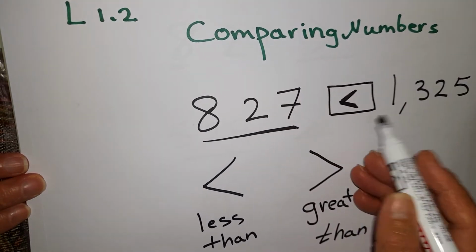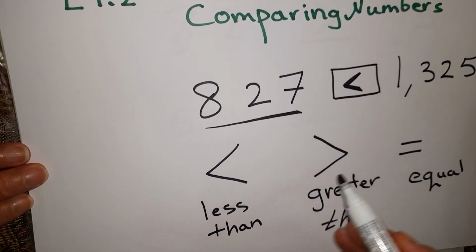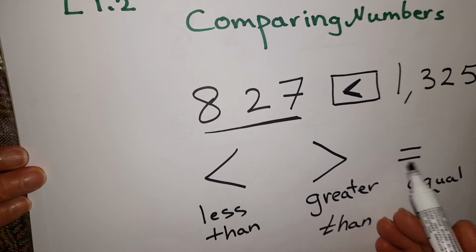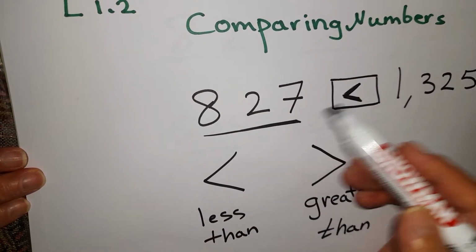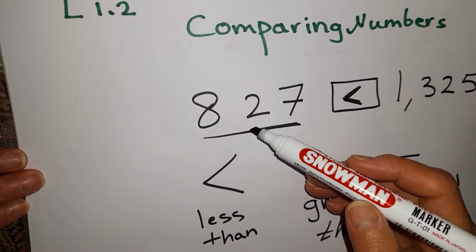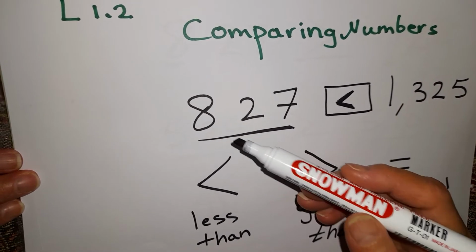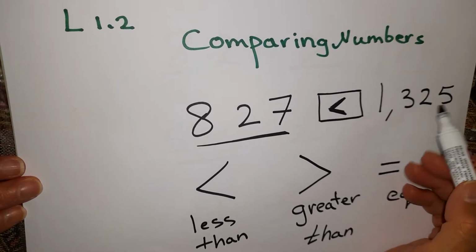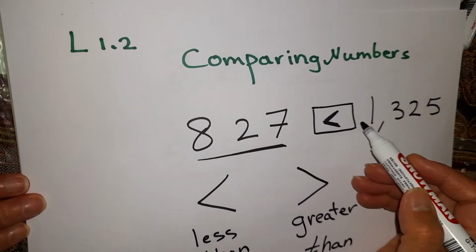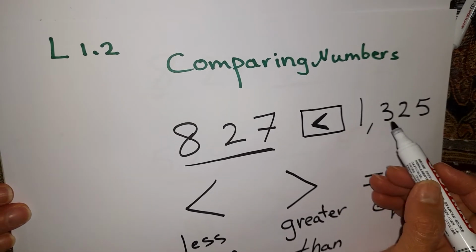So my lesson today, lesson 1.2, chapter 1, lesson 2, is comparing numbers, using these symbols: less than, greater than, or equal. We start by counting how many digits I have in each number. The number that has fewer digits is less than. The number with the most digits, how many digits do I have here? 4. It is greater than.